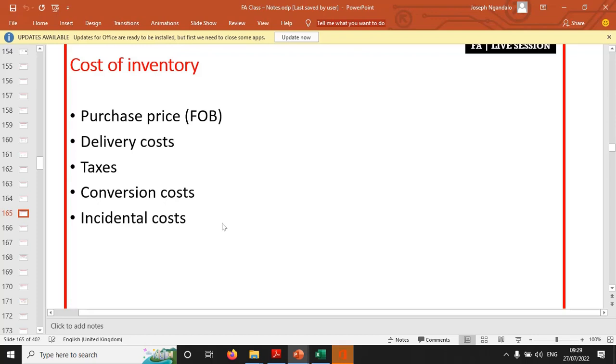Conversion costs are the cost of converting raw materials into finished goods. May include direct labor, employee wages. Incidental costs are costs that you incur in bringing the inventory to its present location and condition. All costs.